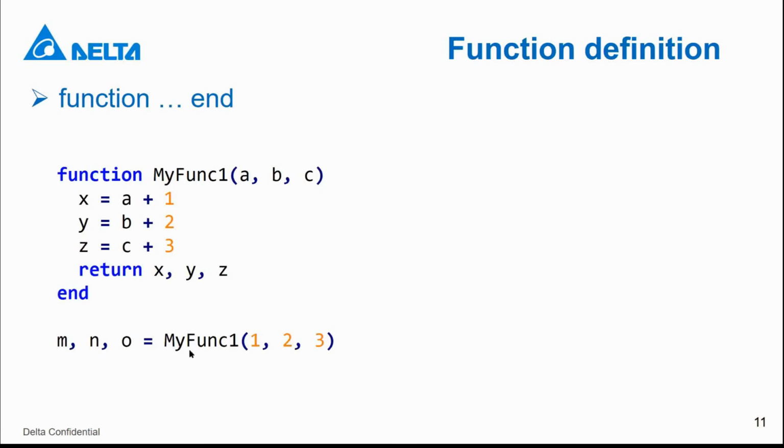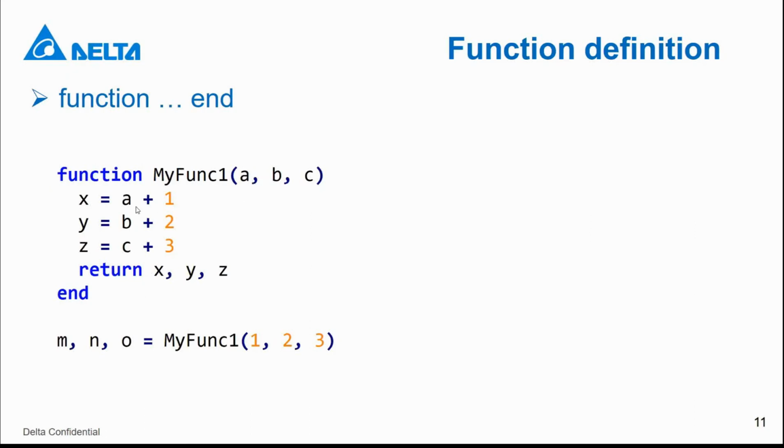How to use the function is also similar to other programming languages. You use the function name to call it, and then the input values you are going to pass to this function. Here, for example, we input 1, 2, and 3. These will go into A, B, C that you define here.